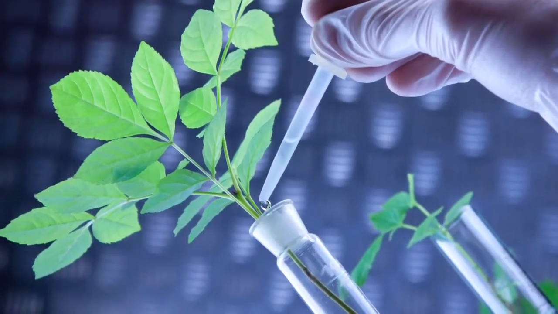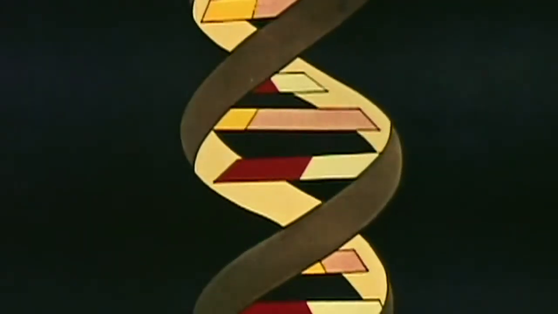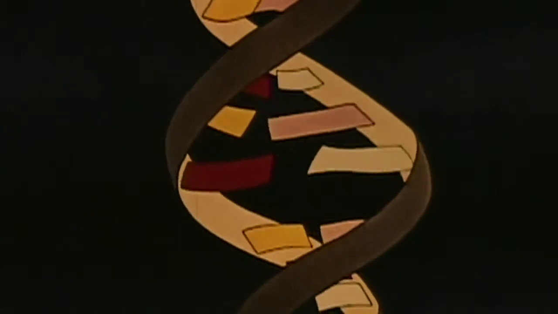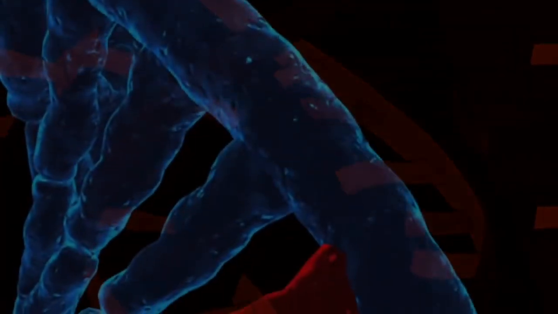The effect of this is that the GM transformation process as a whole is very disruptive on the DNA structure and function of the organism. As a result, very unpredictable and potentially hazardous outcomes.